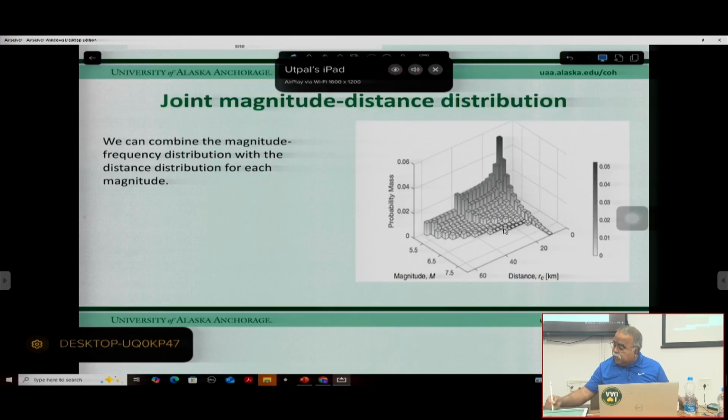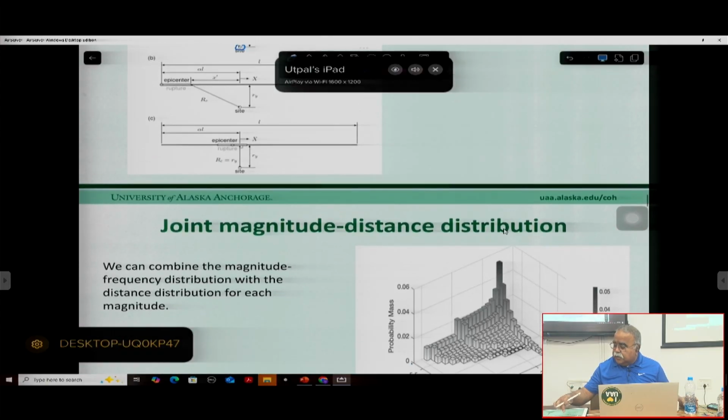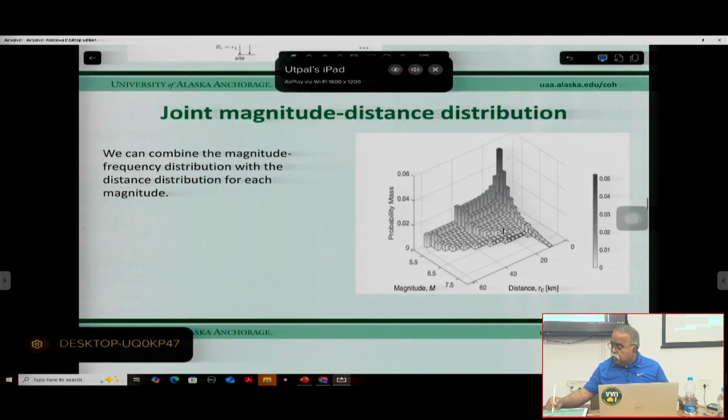Basically we have various magnitudes, and there are various distances from the site, and we need to compute the probability distributions, and then calculate at what point the maximum possibility of earthquake occurrence will take place. So this is your joint magnitude and distance distribution.